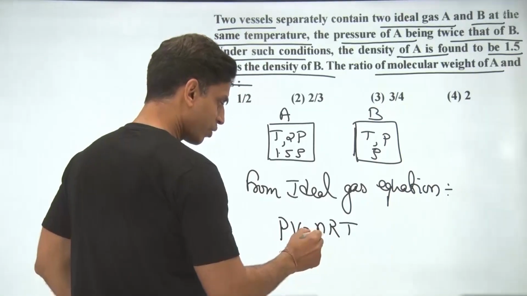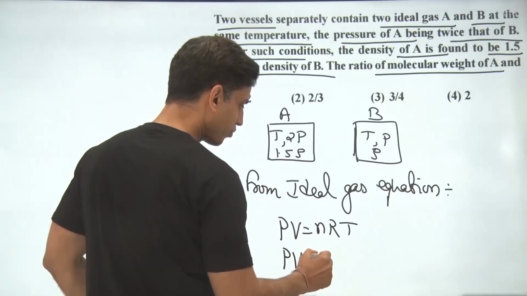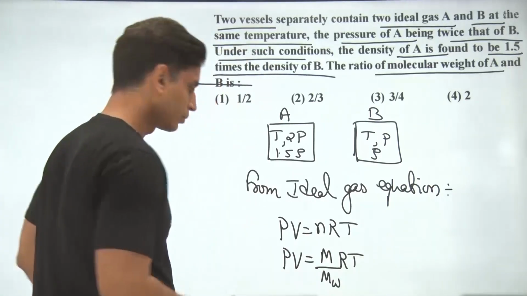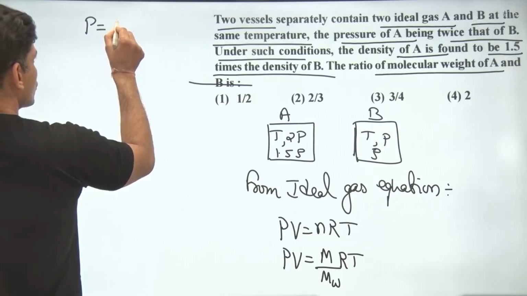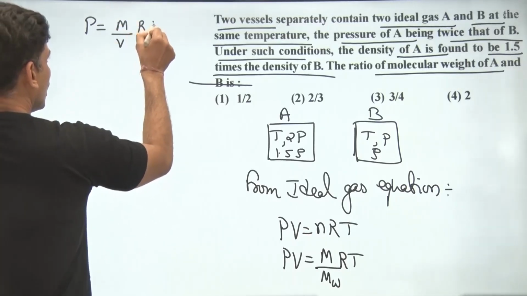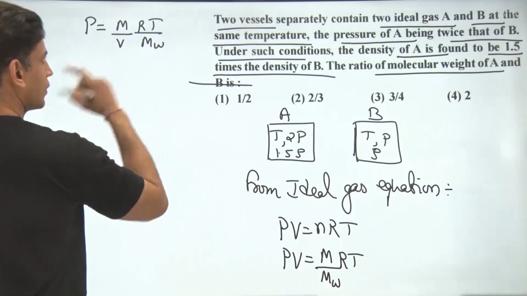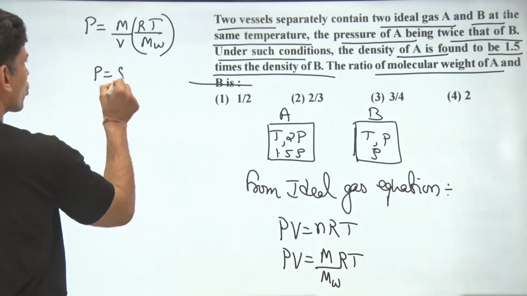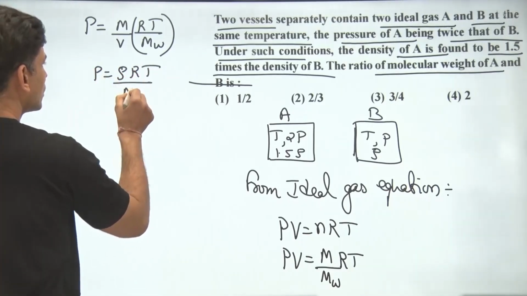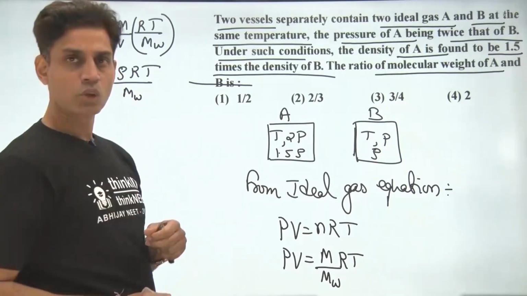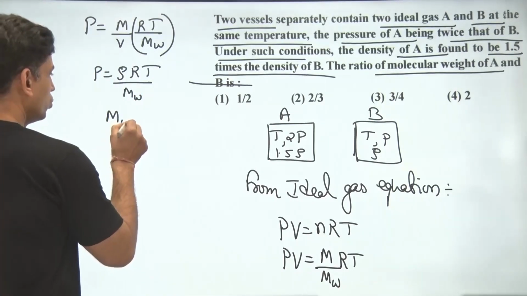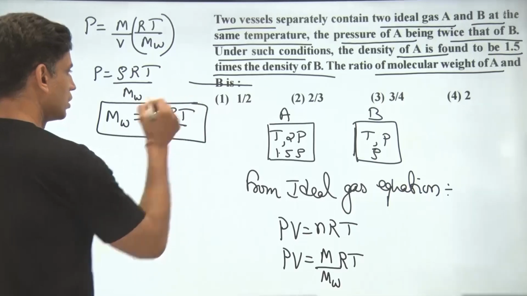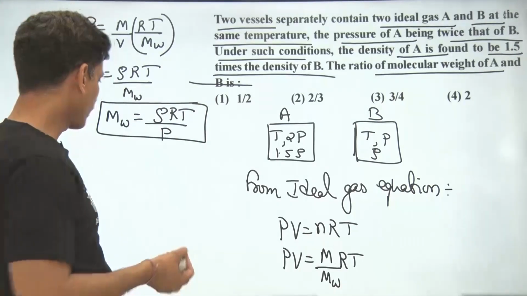Now n is the number of moles, which we can write as mass upon molecular weight. So P equals M by V, RT by molecular weight. Now M by V is density, so P equals rho RT by molecular weight. So MW can be written as rho RT by P. This is how we can write the molecular weight.